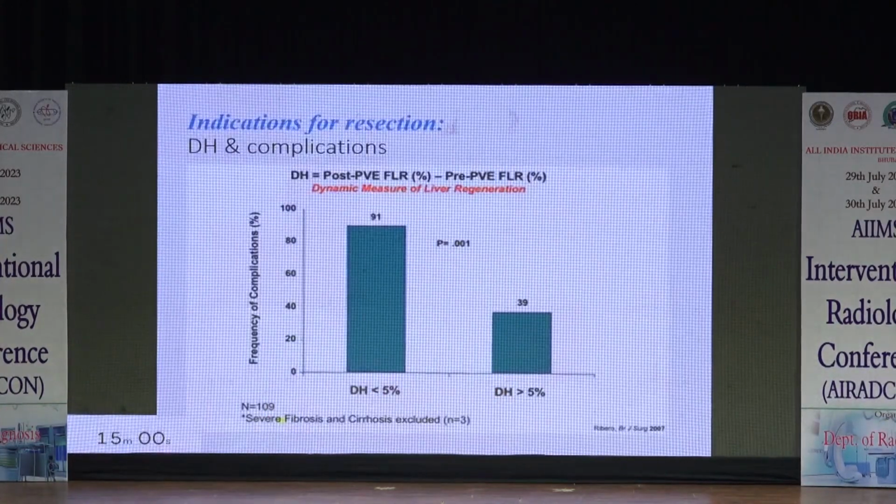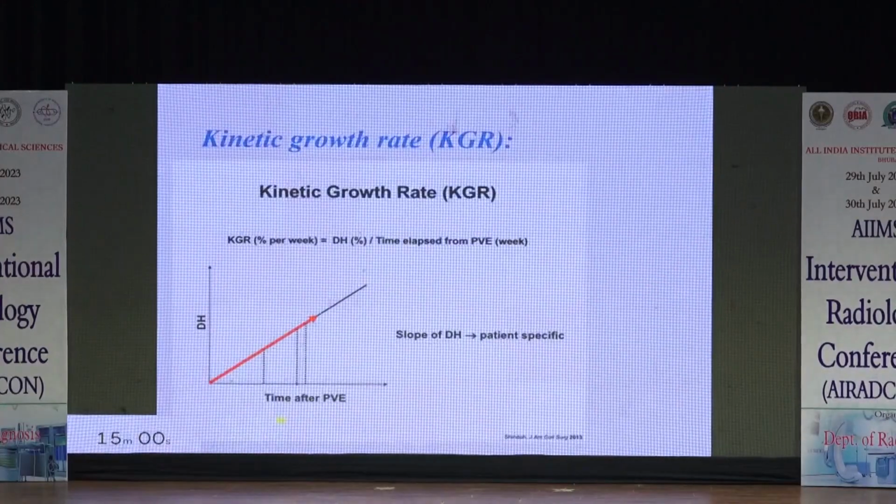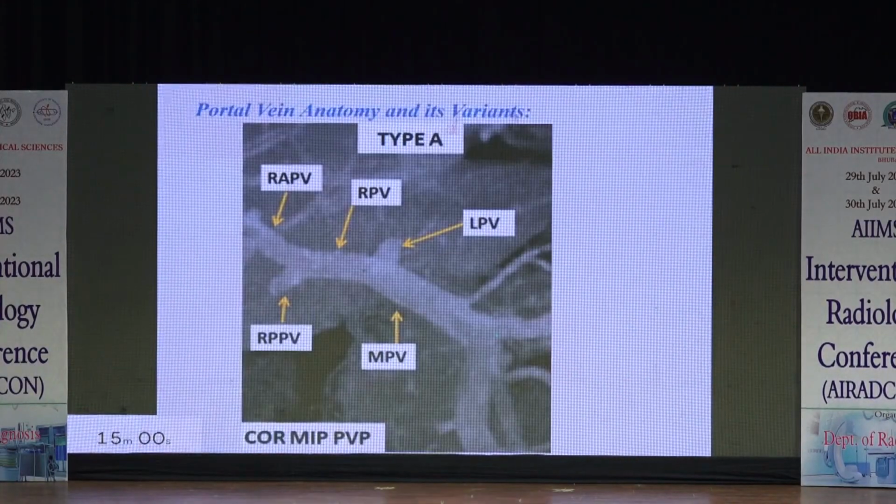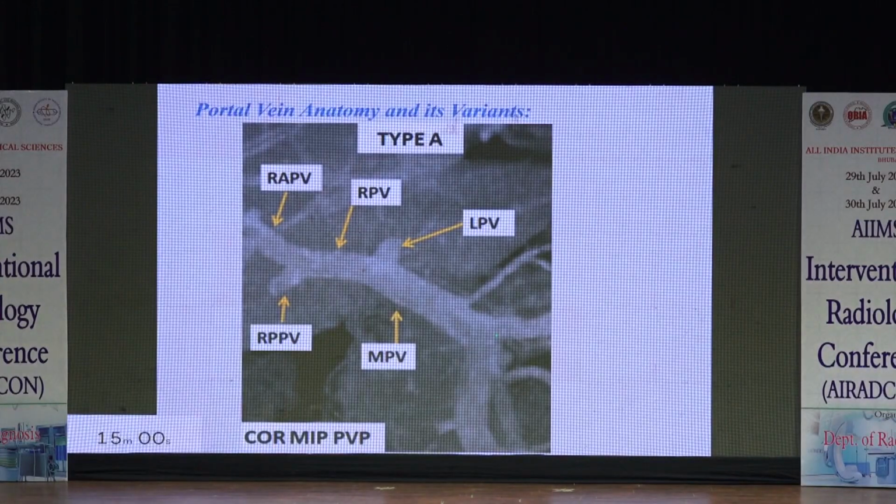If the common stump of the right portal vein is less than a centimeter, then using a plug would be very difficult for us during intraoperative division of the portal vein, whether using clips, sutures, or vascular staplers. But if the common length, like in this case, the right portal vein is quite long, it looks like some 2.5 centimeters. In these kinds of patients, it should not be an issue.